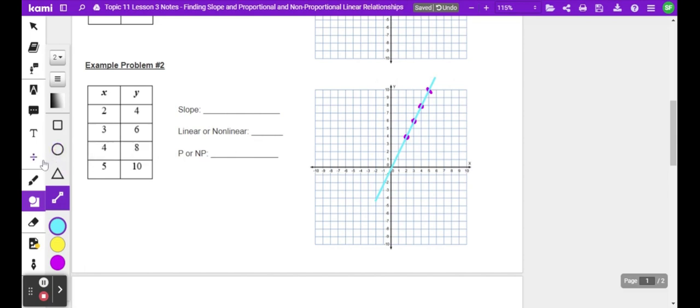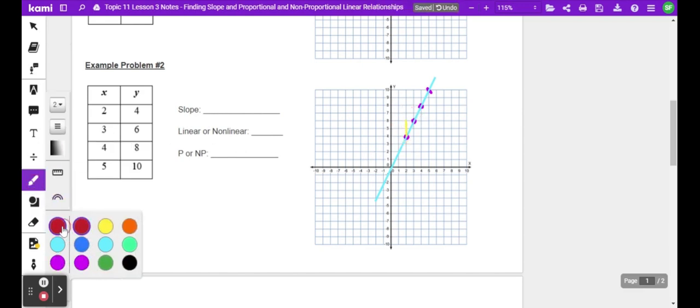I'm going to go ahead and use my slope triangle to find the distance from point to point. Again, I'm going to start with my vertical change, which is my yellow line. Drawing that, I can see that there are 2 jumps there. So that is 2.